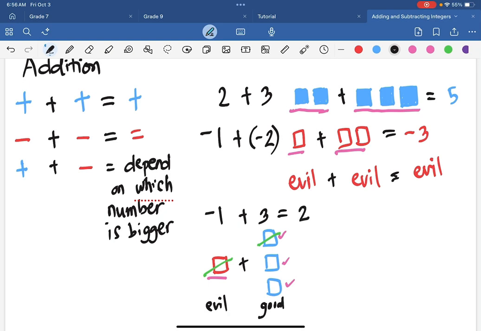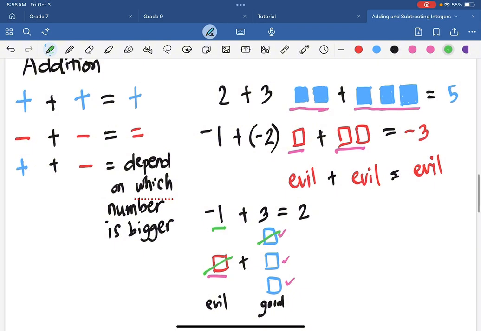Another way without illustrating this, when I taught this topic to my previous students, I asked them, based on number, which is bigger, 1 or 3? And obviously, the bigger number is 3. Now the question, since 3 is bigger than 1, what sign does 3 have?